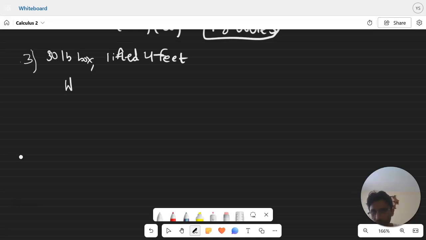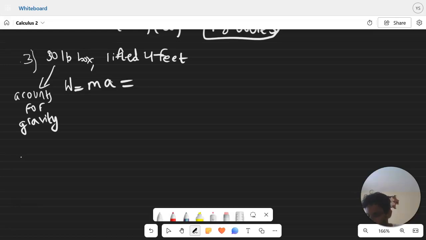Now this lbs, we have to remember that lbs accounts for gravity, acceleration due to gravity. So we could directly plug it into work equals mass times depth.